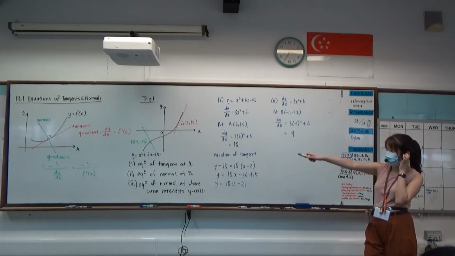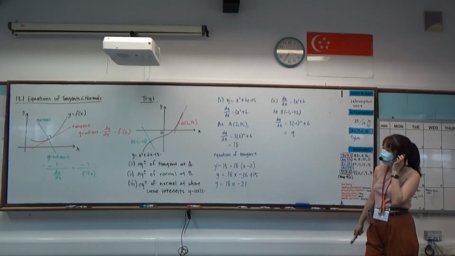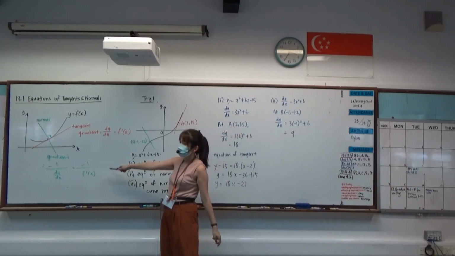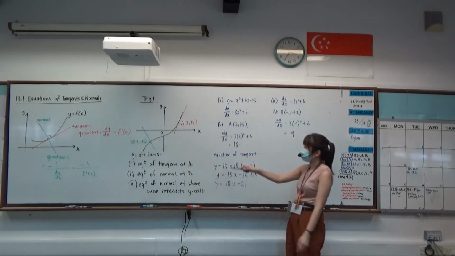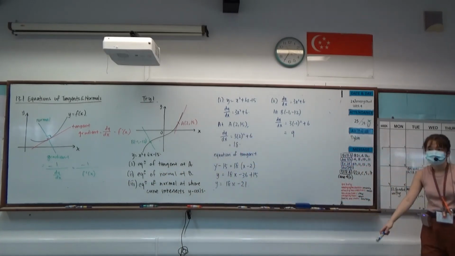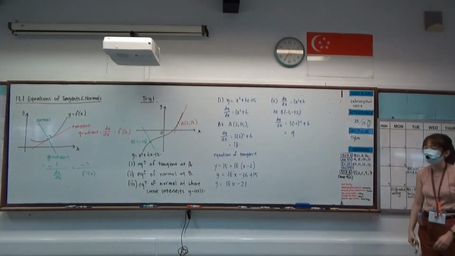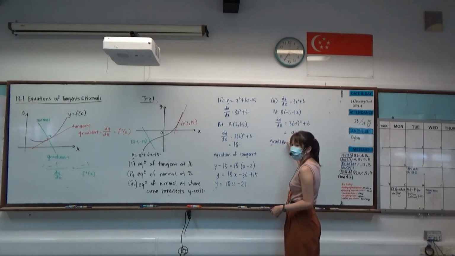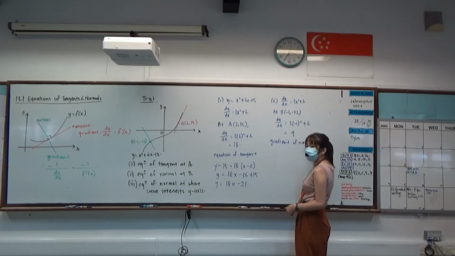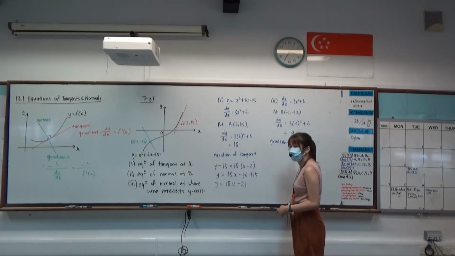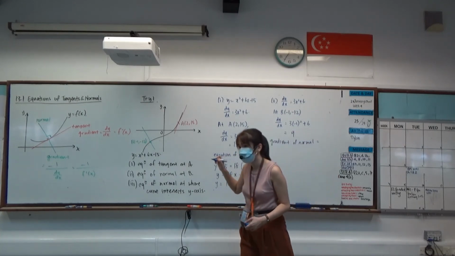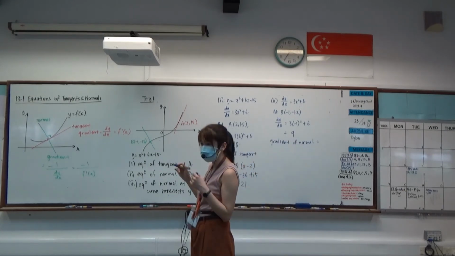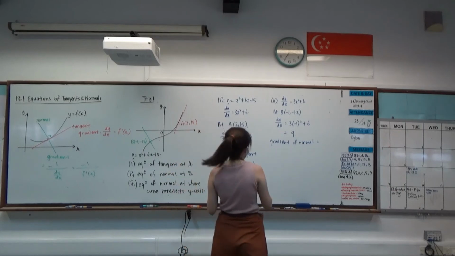You look at the summary that I have over that side. Is 9 the gradient of the normal? No. So how do I find the gradient of the normal? Negative 1 over? Sorry, negative 1 over 9.